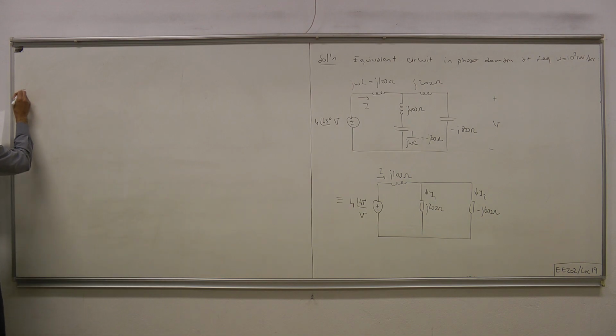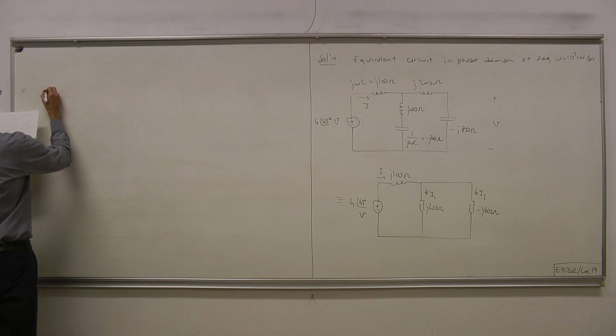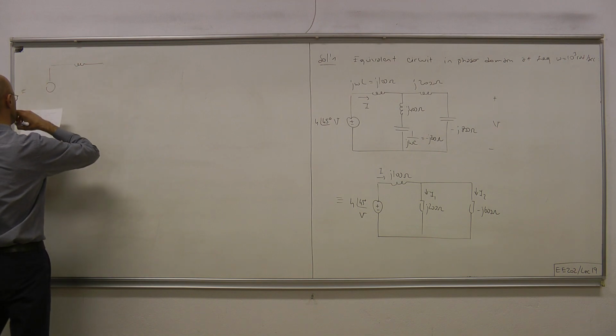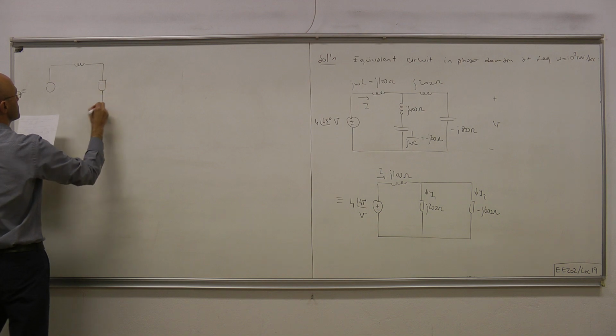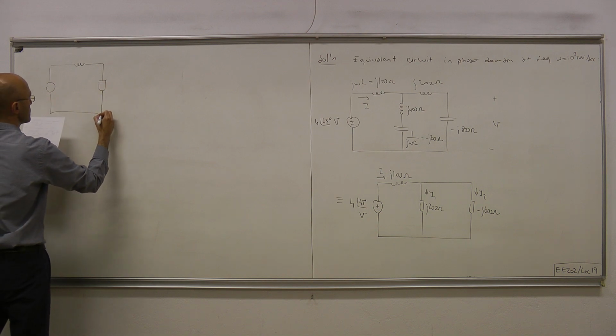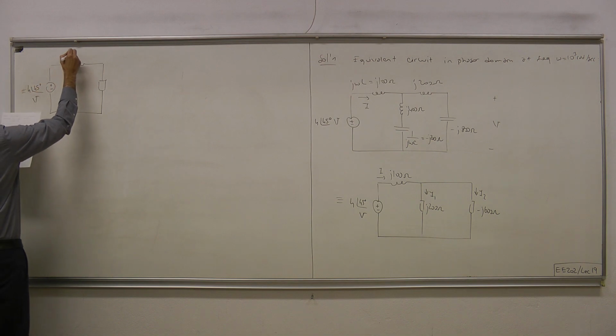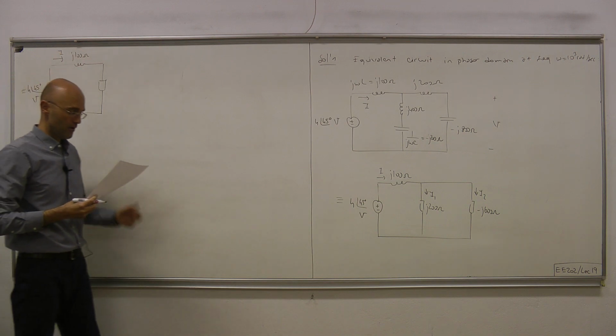That's further equivalent to the following. We have a source of 45 degrees volts, this is J100 ohms, and this is the current that we are after.